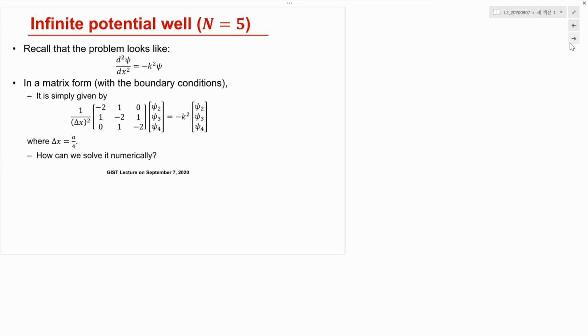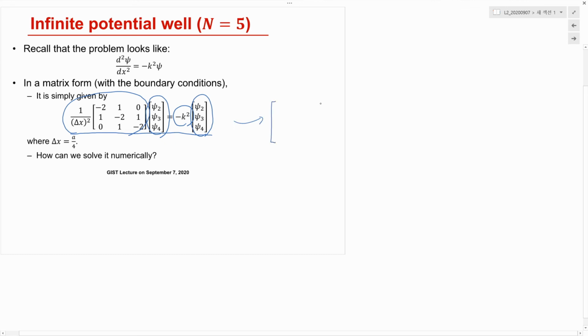Then the infinite potential problem is now cast into a really simple form. Here this is nothing but the second order derivative, and psi happens to be equal to psi multiplied by minus k squared. Then how can you solve it numerically? That's easy.